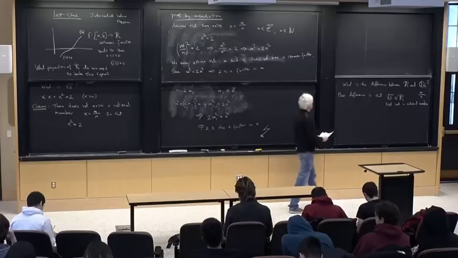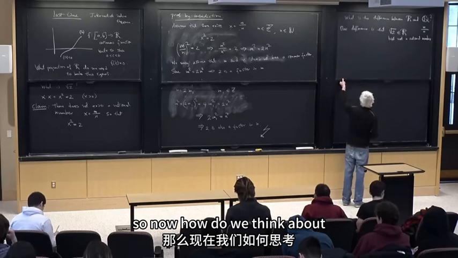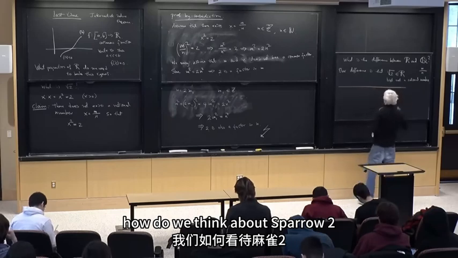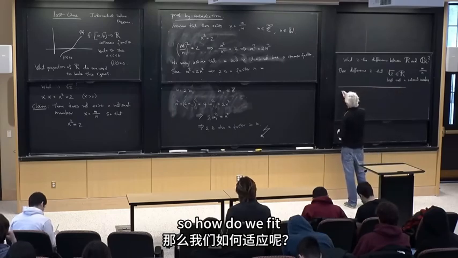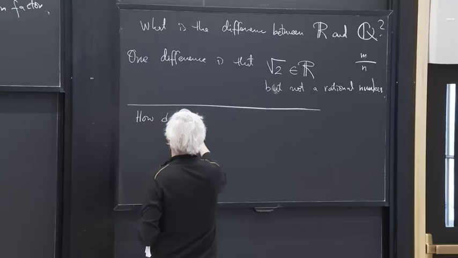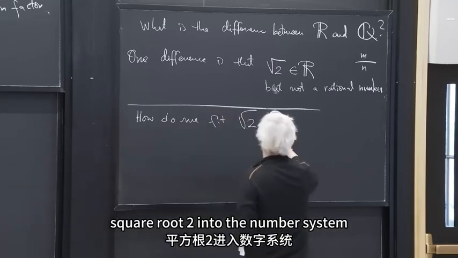Now, how do we think about square root of 2? How do we fit square root of 2 into the number system?